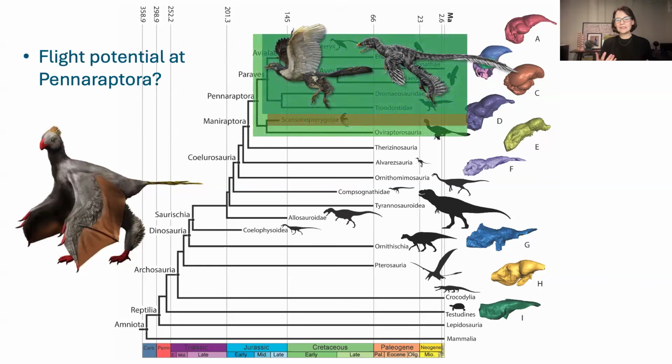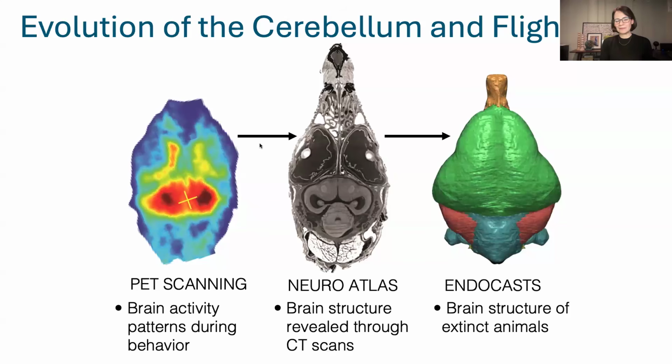And so when we see that increase in the cerebellum at Pinoraptora, it's probably because all of these animals are living in similar types of arboreal environments. And so what we can say is that we see that increase in cerebellar size is probably related to the origin of flight and kind of all of its forms.